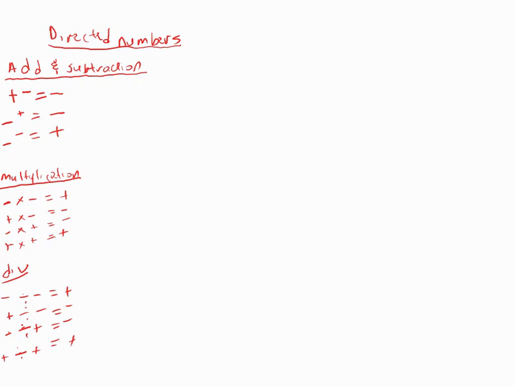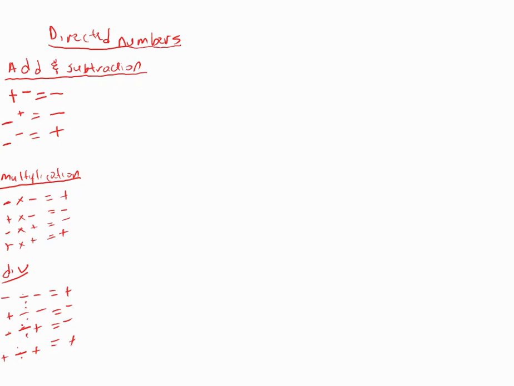So I want you to remember that when there is no sign in front of the number, that number by default is positive. So if we have a number like say 2, that number is the same as positive 2.